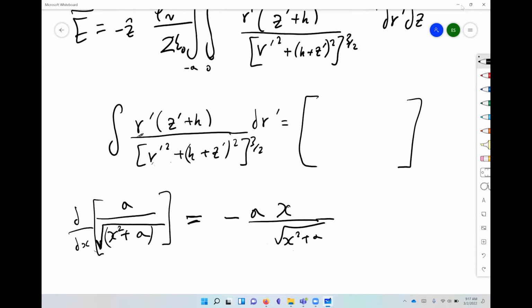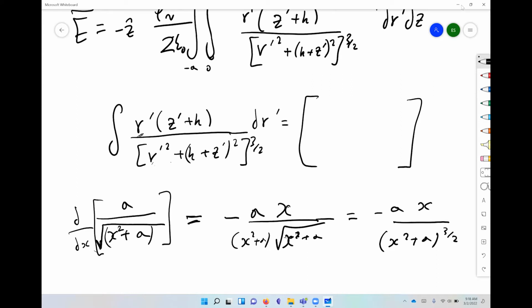This is going to be 0, and then, oh okay, the quotient rule, of course. There's an extra step, and this is what gives me the power 3 over 2. The quotient rule says divide everything by the square of the denominator, so I'm not done. The square of the denominator is x squared plus a. So this gives me minus a x over x squared plus a to the 3 over 2.